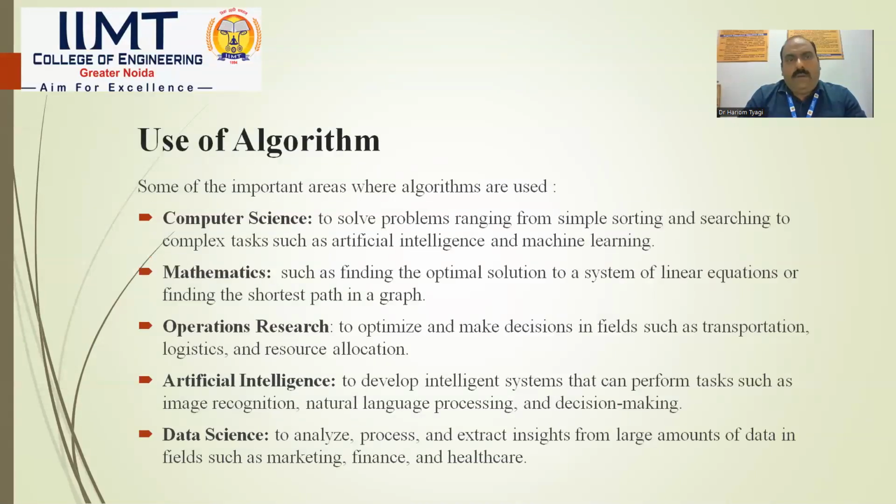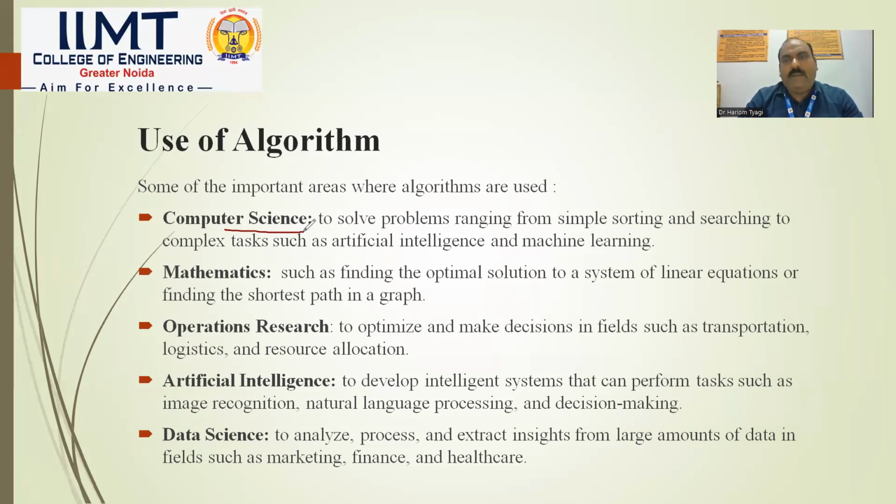The use of algorithm. There are many uses. Some of the important areas where algorithms are used. Number one is computer science. In the computer science field, mathematics field, operation research field, artificial intelligence field, and data science field. And this is not a limited list. In many places, algorithms are very useful.